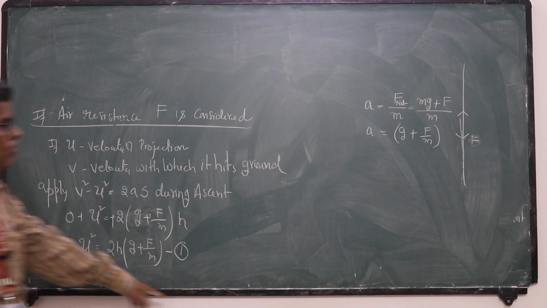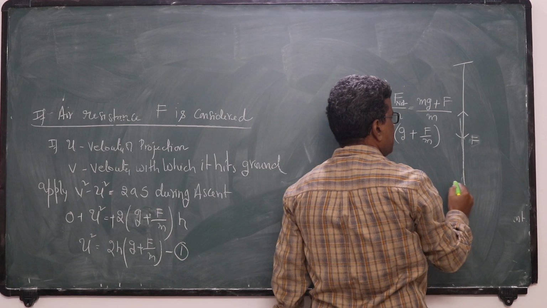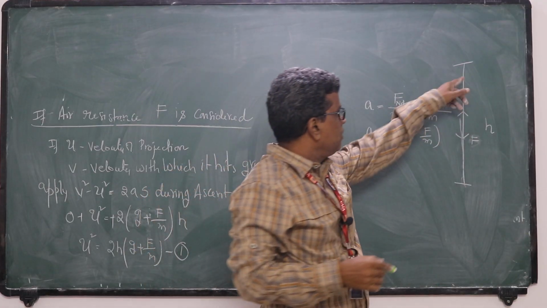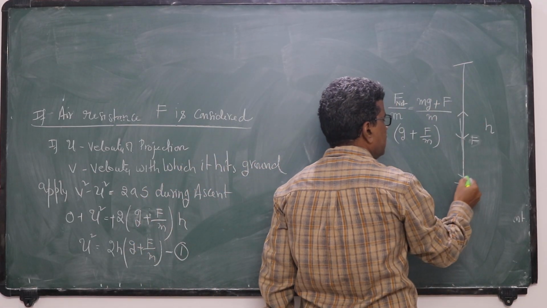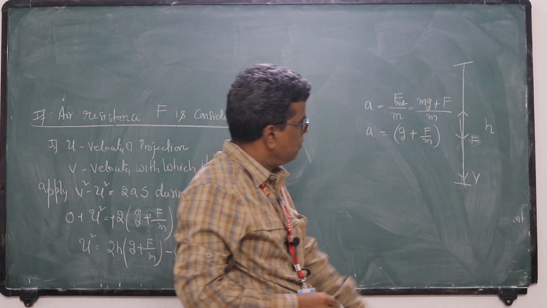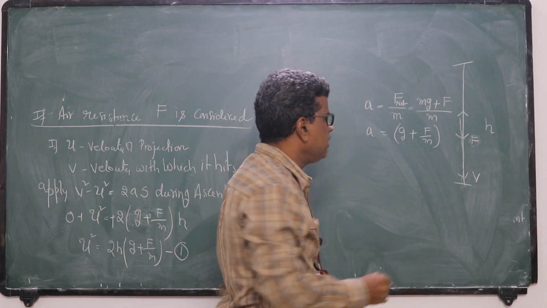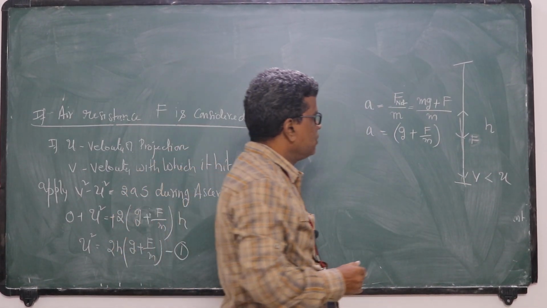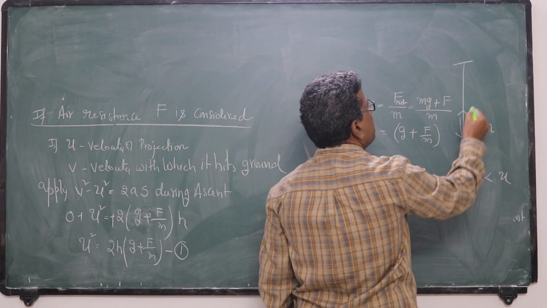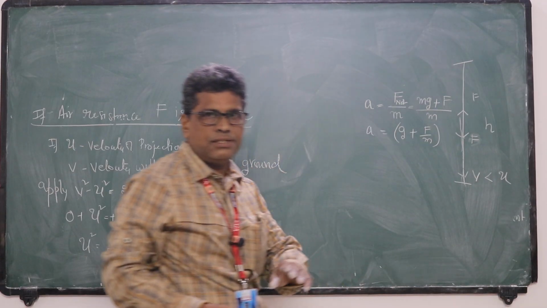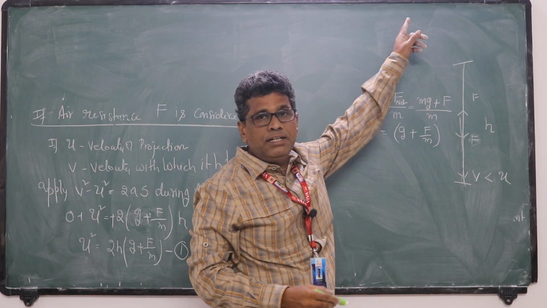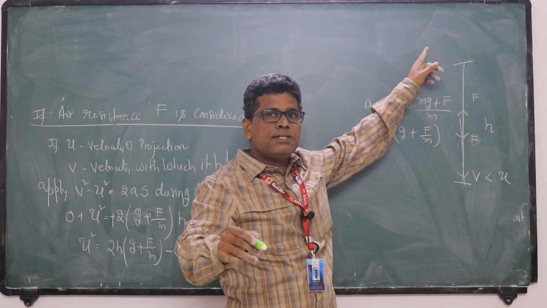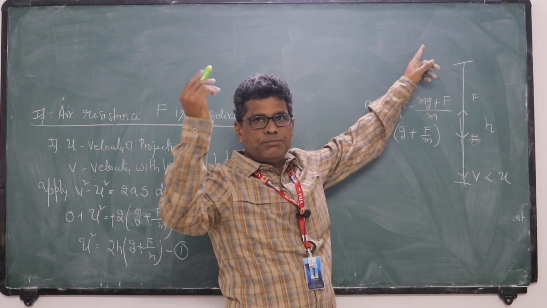Now it rises to a height h and returns from the same height, but during return it hits the ground with velocity v. This velocity is generally less than u because air resistance is there. During descent, air resistance will act upwards because it is an opposing force. During ascent, air resistance acts downwards because it opposes. During descent, air resistance acts upwards because it opposes.